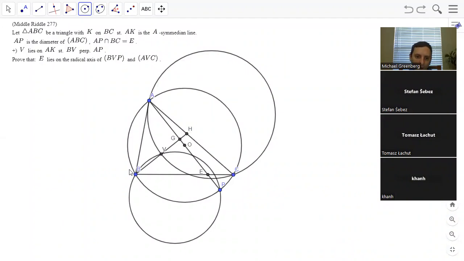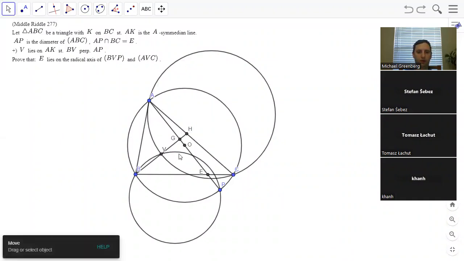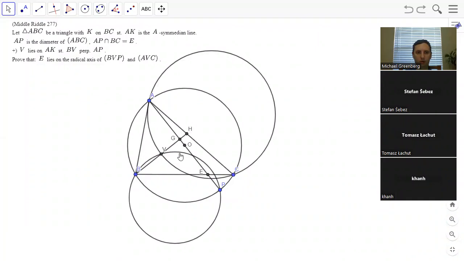So the midpoint of BH, because they're inversely similar, is going to lie on the symmedian. That makes sense.